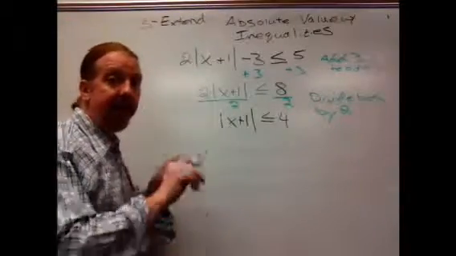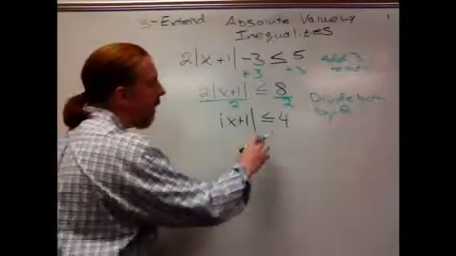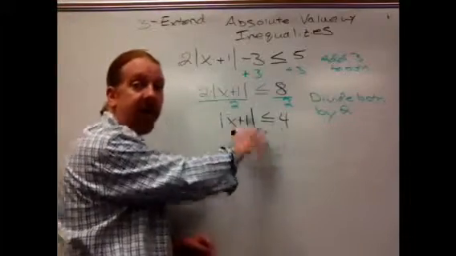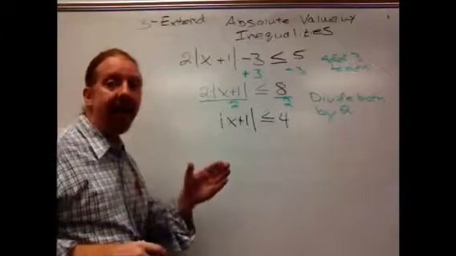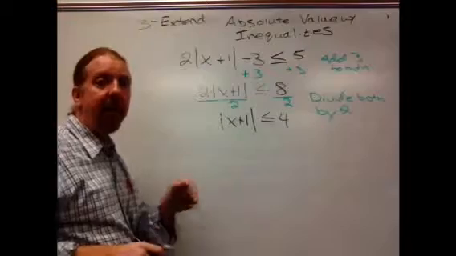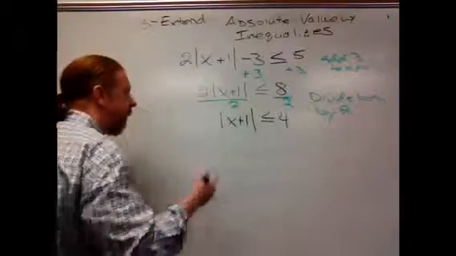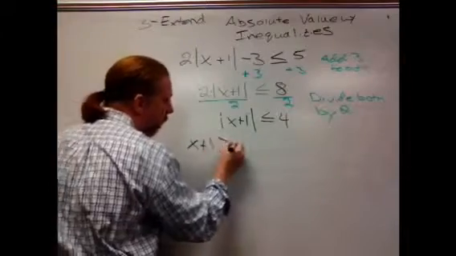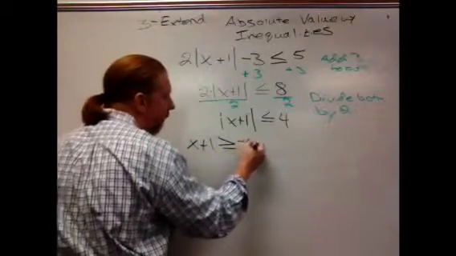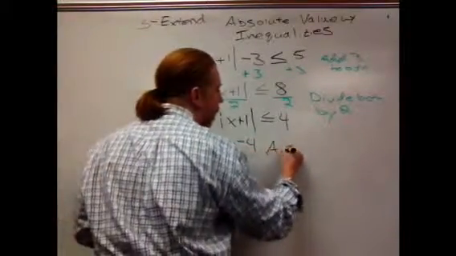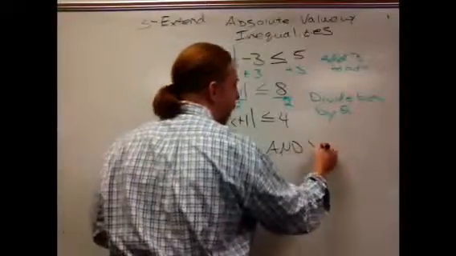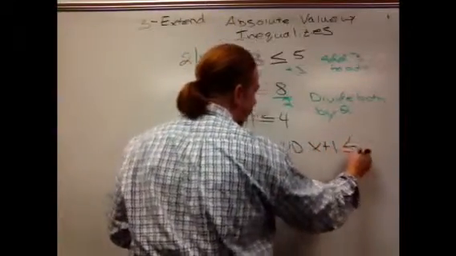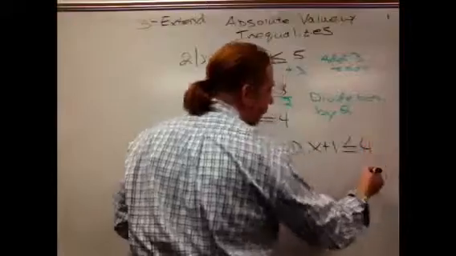My next task is to split my 2 cases. I'm using less than, and as we said, that means I'm using the word and as part of my work. Less than goes with and. So now I can write x plus 1 is greater than or equal to negative 4, and x plus 1 is less than or equal to positive 4.